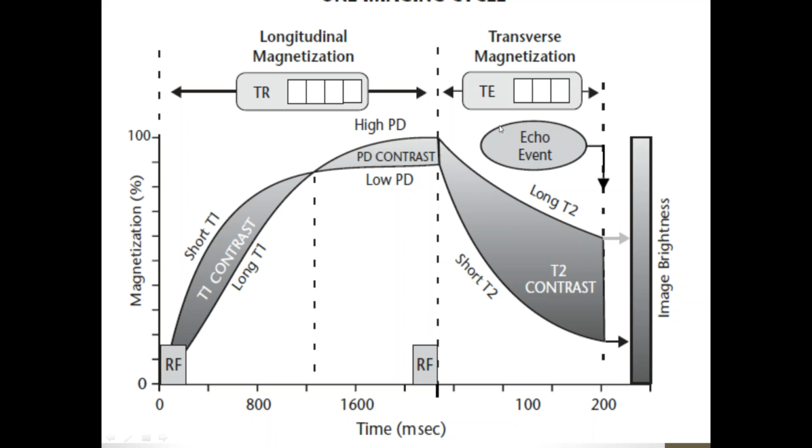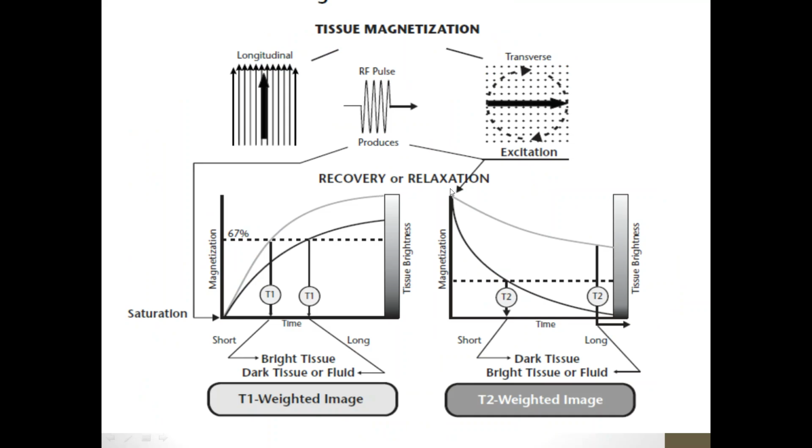Short TE to remove the effect of transversal magnetization, because at short TE, this is the T2 curve. At short TE, you will find the transversal magnetization effect is very low, or the difference between water and fat or tissues is low. If I want to record the signal at short TE, the difference here is low, is poor.